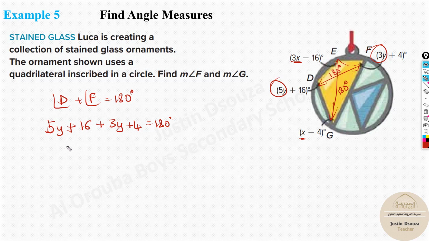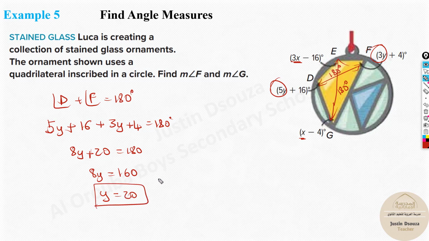Then 5y plus 3y is 8y, plus 16 plus 4 is 20, is equal to 180. Now take this 20 to the other side, it will be 8y is equal to 160 because it will be minus 20. 8 twenties are 160. Y is equal to 20. Now please remember here, this is not the answer.